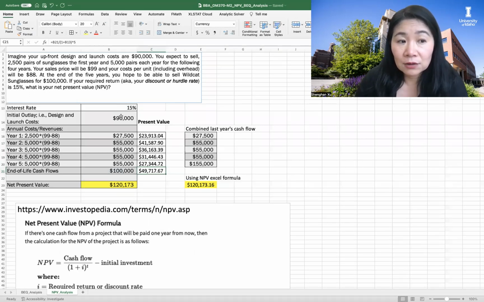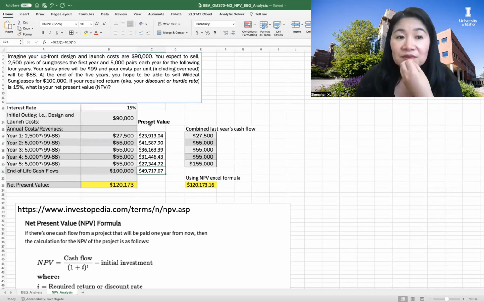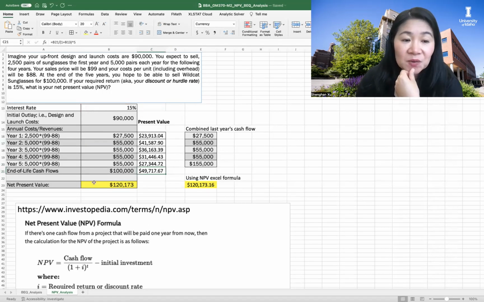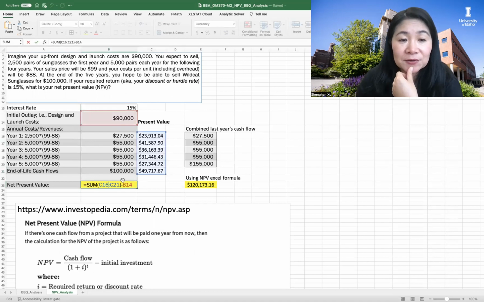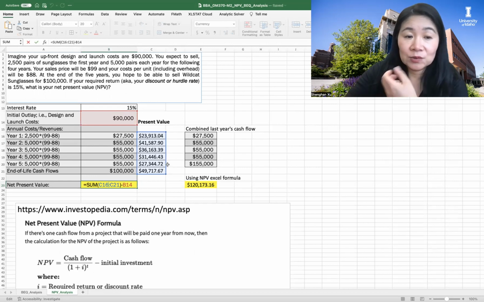You also have the initial outlay of cash, because it's essentially for the launch cost. So the net present value is the sum of all these present values minus the initial outlay.